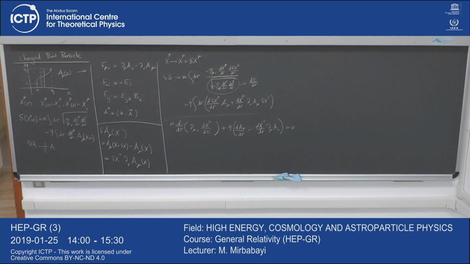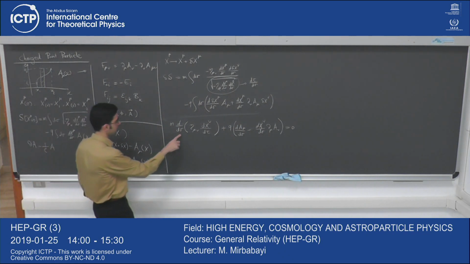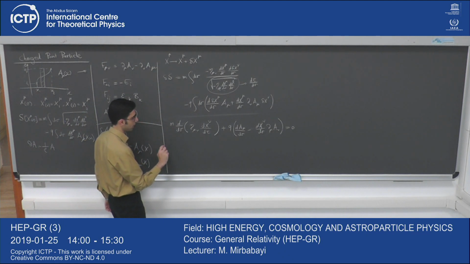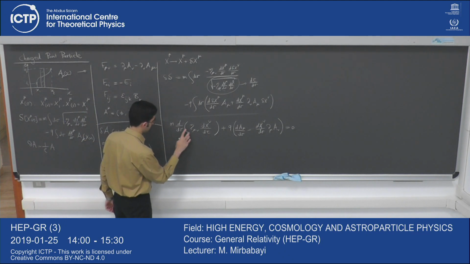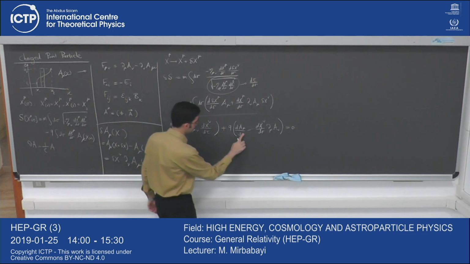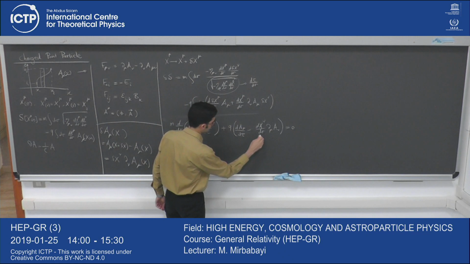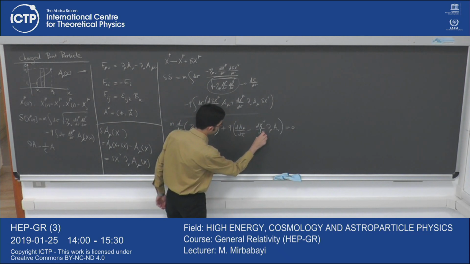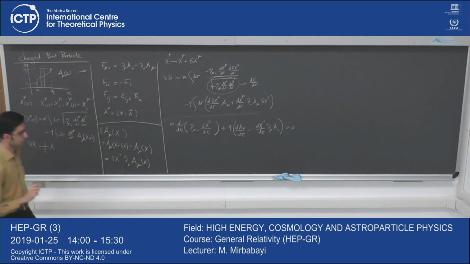Now one thing that I can do is to multiply the whole equation by d sigma d tau, so that these derivatives become tau derivatives just by the chain rule. So I just do this tau, and these two become tau.